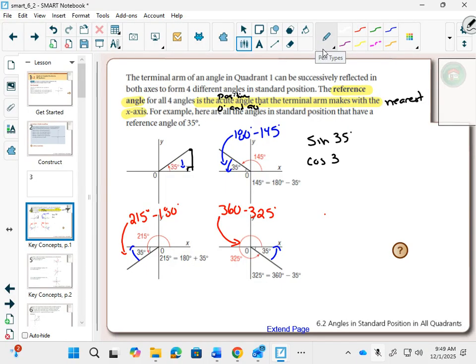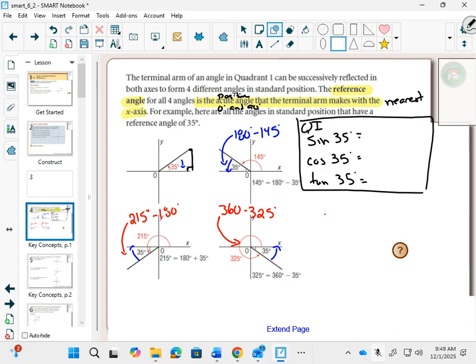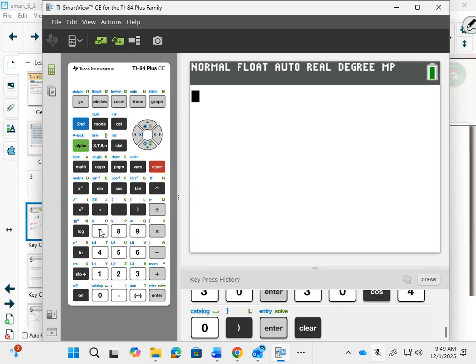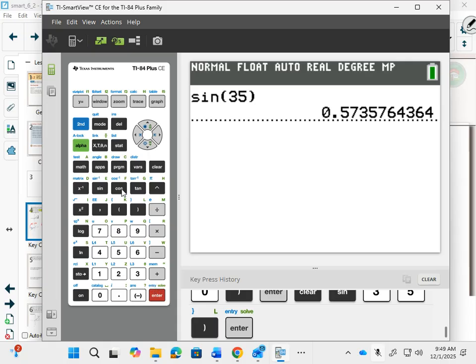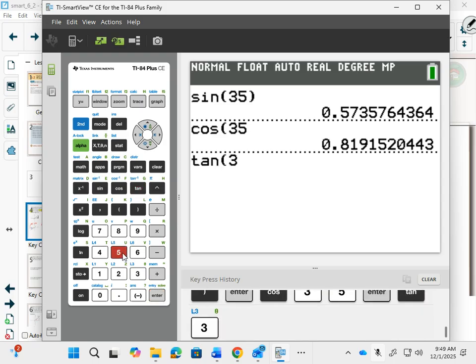So right now, this is quadrant 1. We're going to figure out these from our calculator. So I'm going to turn my calculator on. I'm going to look at what sine of 35 degrees is, cos of 35 degrees, and tan of 35 degrees.